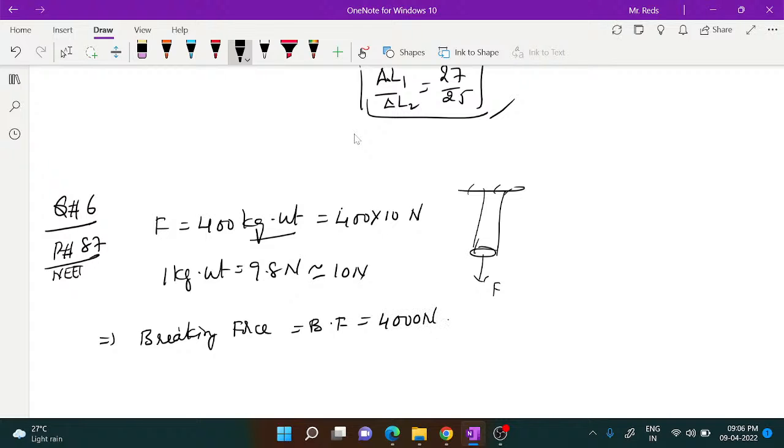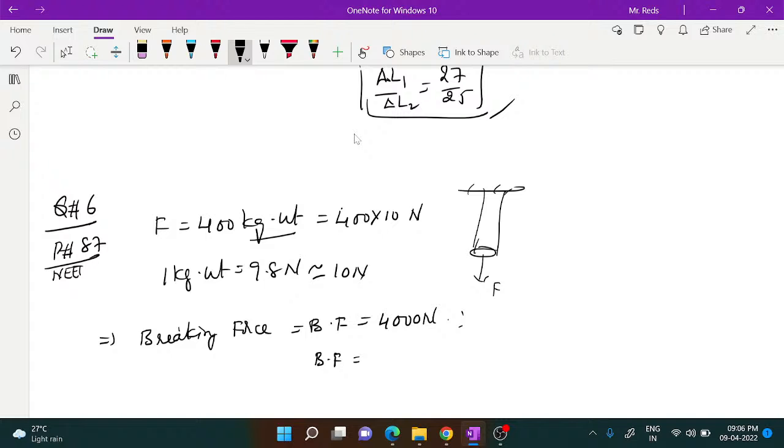If this is the breaking force, then the load required to break a wire of double the thickness. So this is the breaking force required to break a wire having some thickness, some thickness T or X or whatever it is. If the wire has double the thickness, what should be the breaking force required?